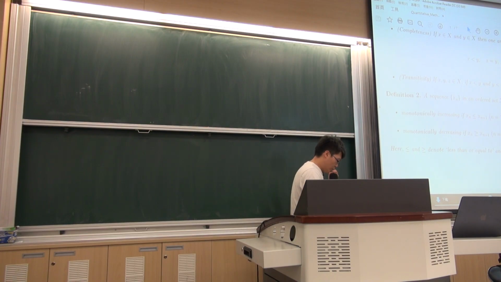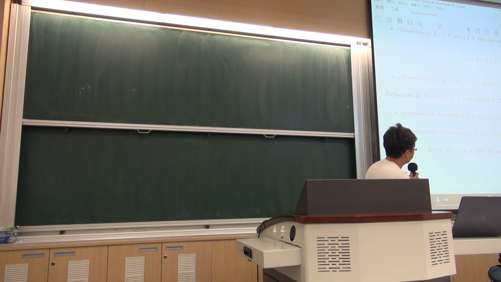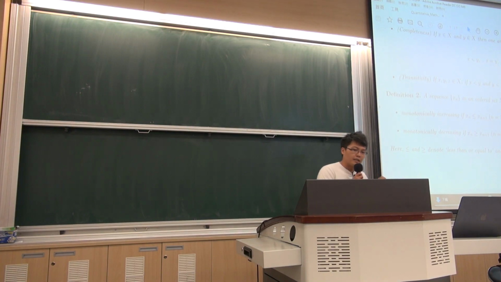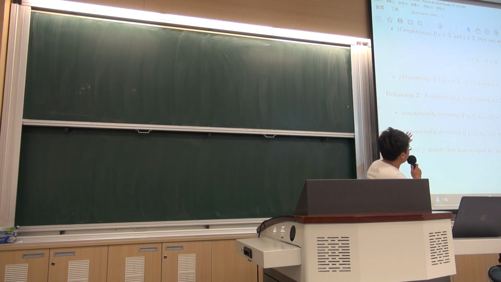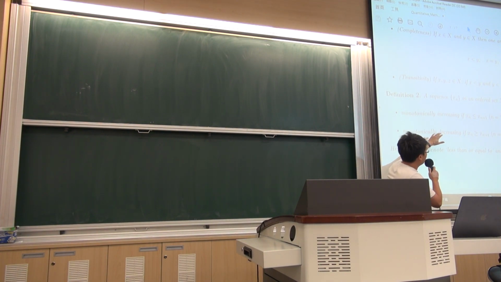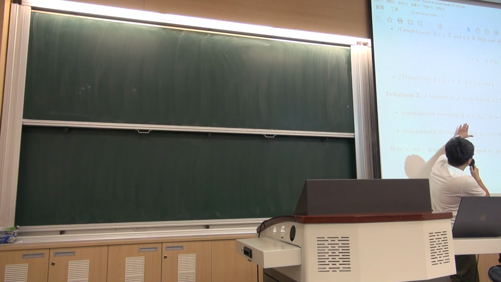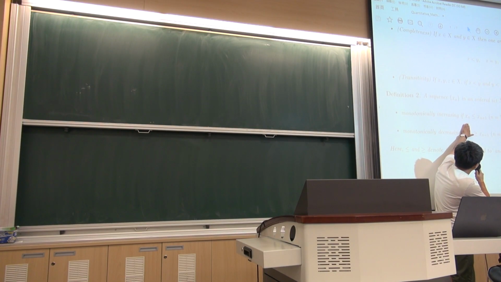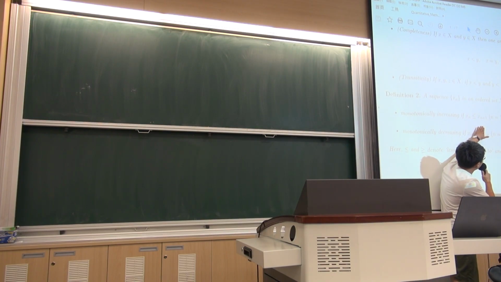And within this ordered set, we can define a sequence x_n. It has the following property. When we call a sequence monotonically increasing, it means that for each element of that sequence x_n, the next element will be larger, or at least equal.